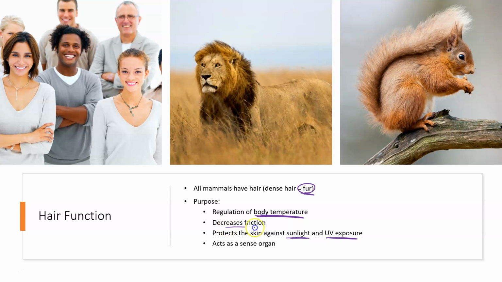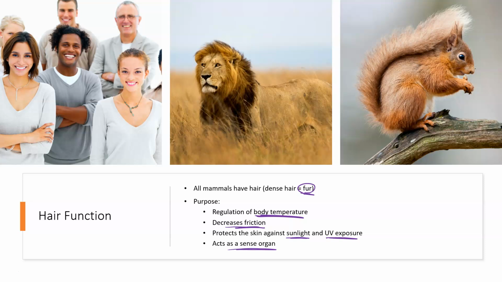Hair actually can help decrease friction between the individual and its environment, so that it actually helps protect the skin from being torn or ripped, and acts as a sense organ as well, and we're going to talk about that in a minute. But if you want to do a little experiment as you're watching this video, okay, gently rub something against a hair on your arm or on your leg.